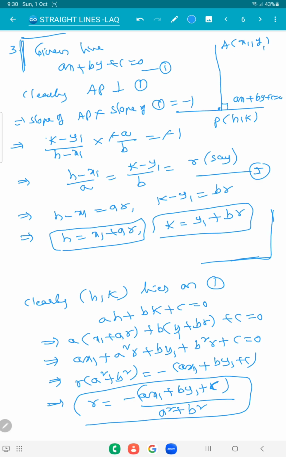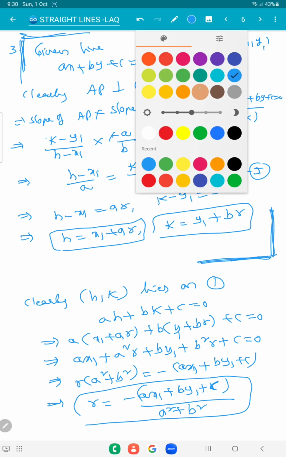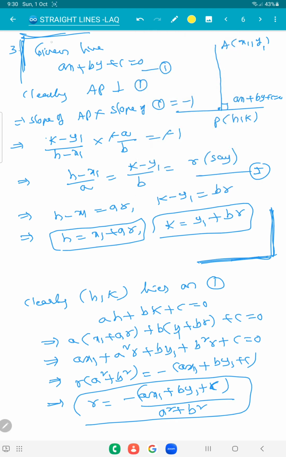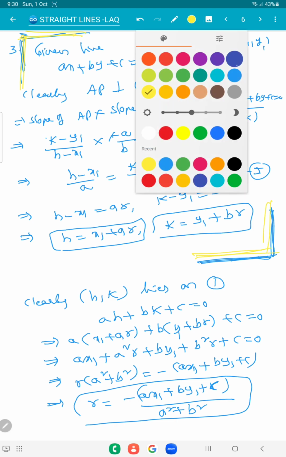Till this box, what I am going to mark in yellow color, from here to here, you have to write for the image theorem also.